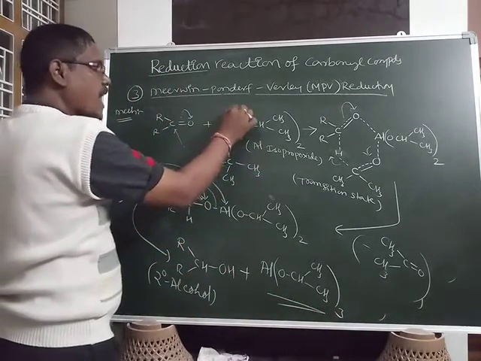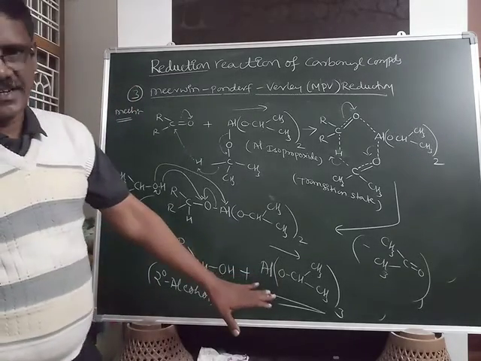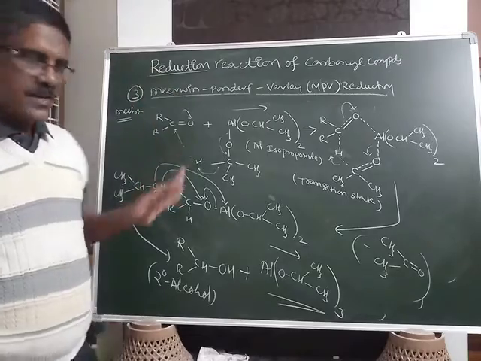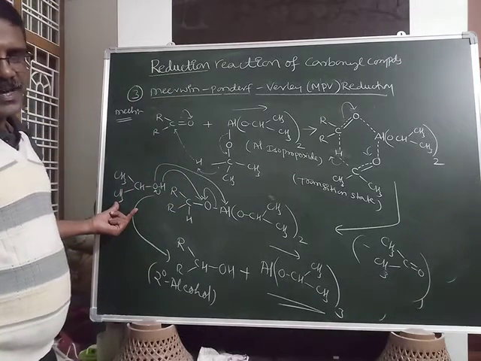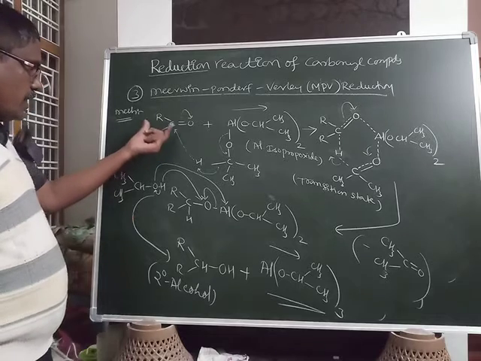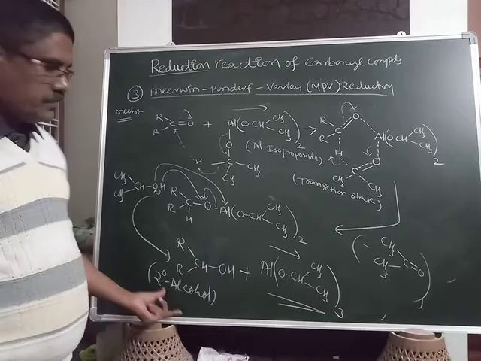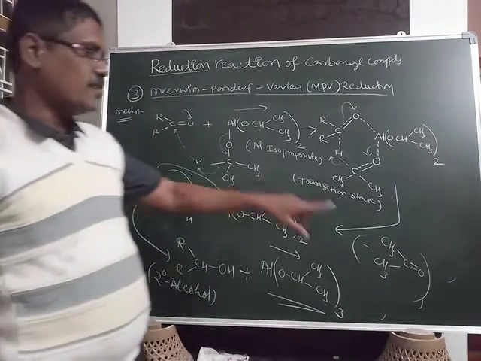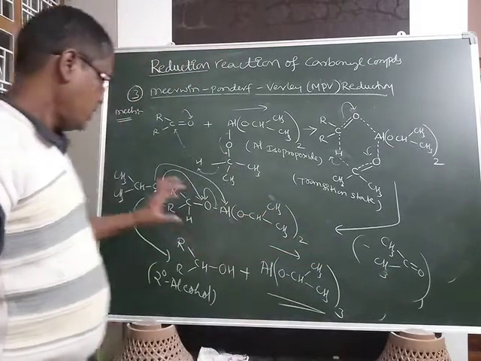Initially we added it and finally it is removed, and that's why it is only a catalyst. Aluminium isopropoxide is only the catalyst, and the reducing agent is isopropyl alcohol. That's why the ketone reduces into a secondary alcohol, and isopropyl alcohol in this reaction oxidizes into acetone. This is very, very important.